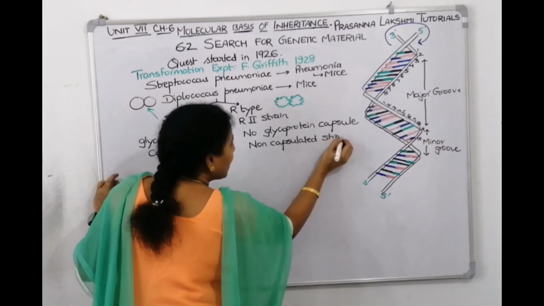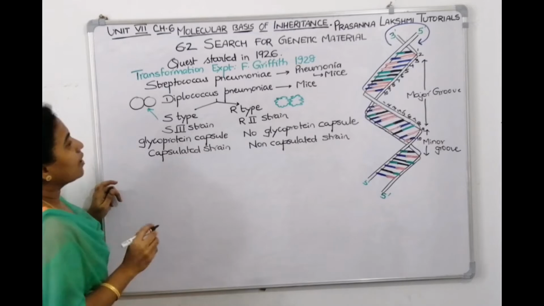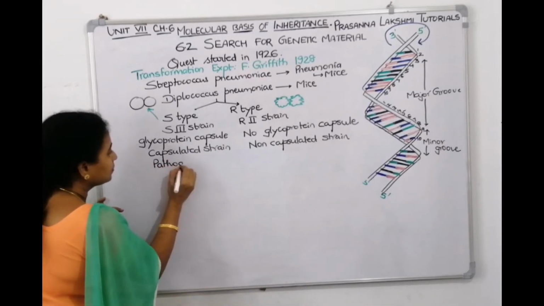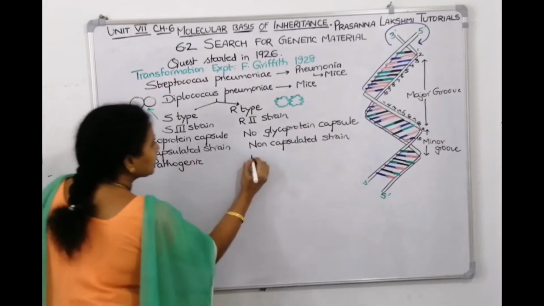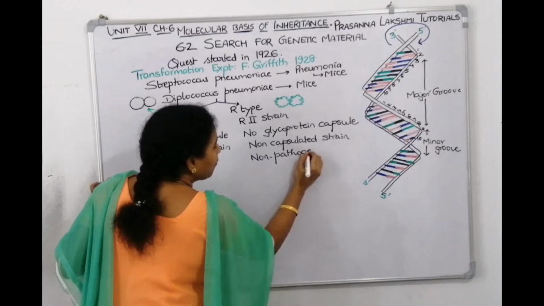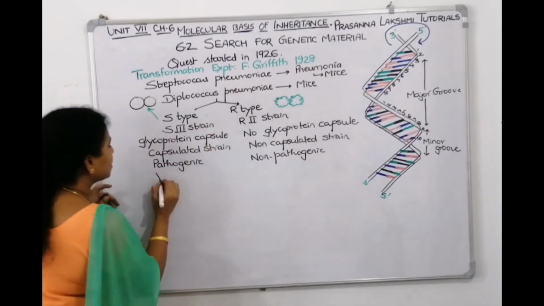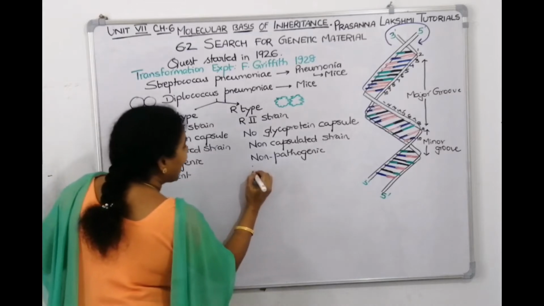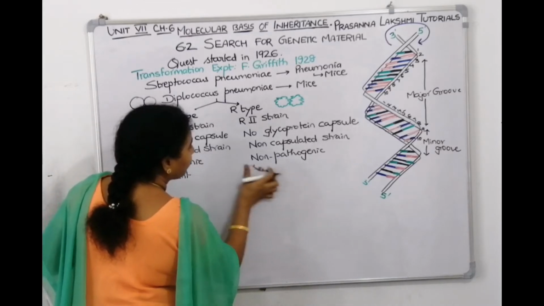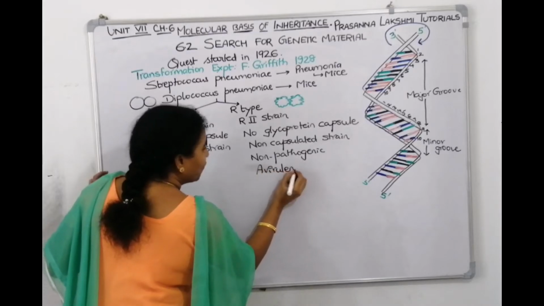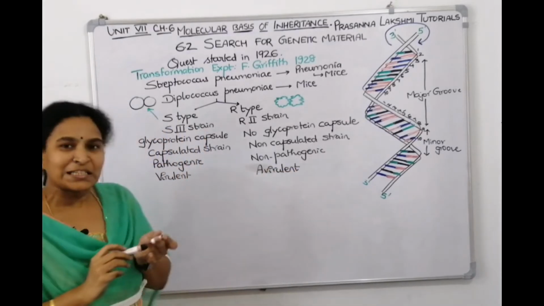The capsulated strain causes disease, so it is called pathogenic, whereas R is non-pathogenic. Another name for pathogenic is virulent, whereas R is avirulent.